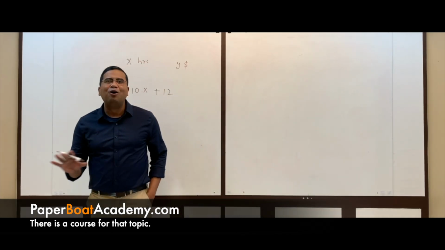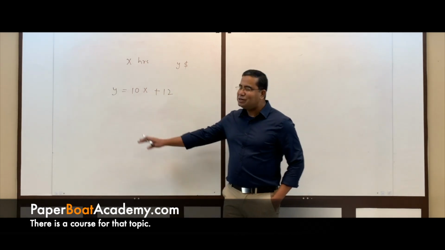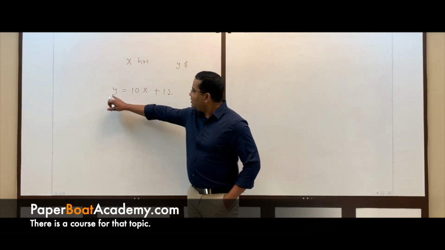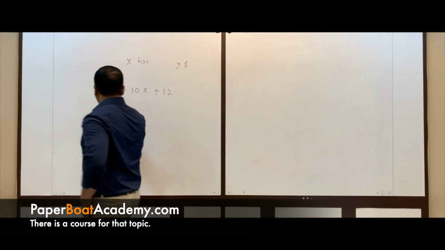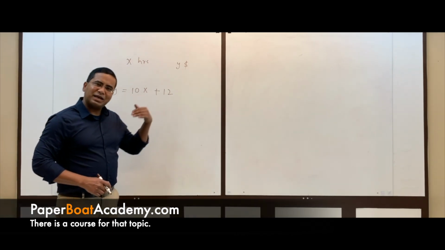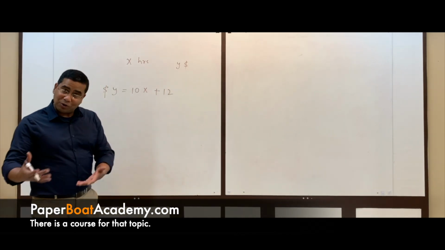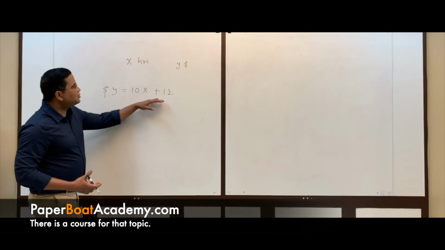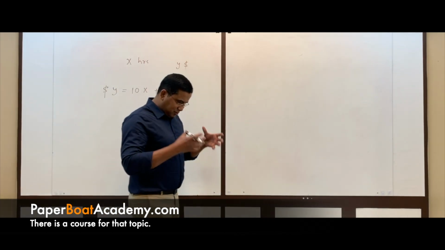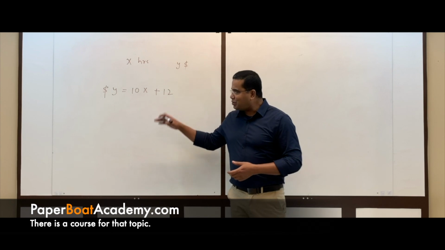So this is what we'll learn in this course. If you have a situation where something, in this case the amount of money, is increasing at a constant rate, that will be a linear equation, increasing or decreasing. This is going to be the fundamental structure of linear equations that we are going to learn, and from this point, we'll build up.